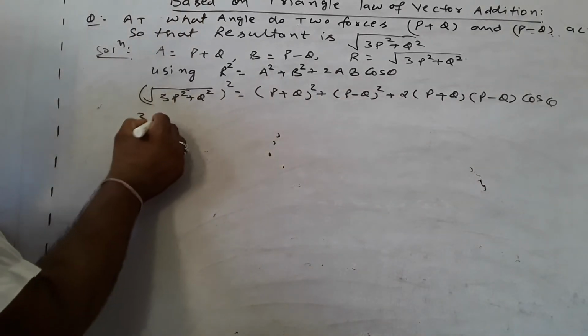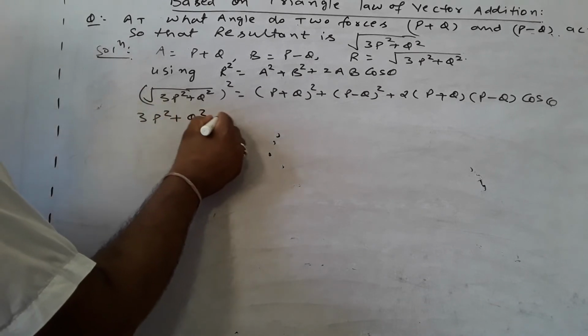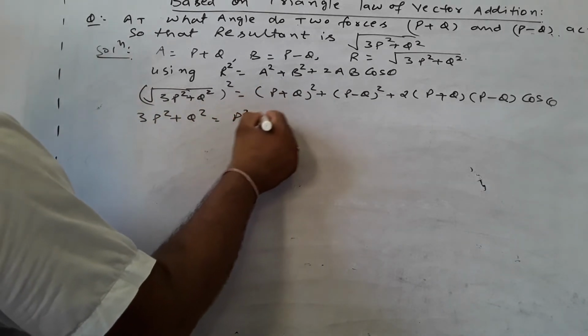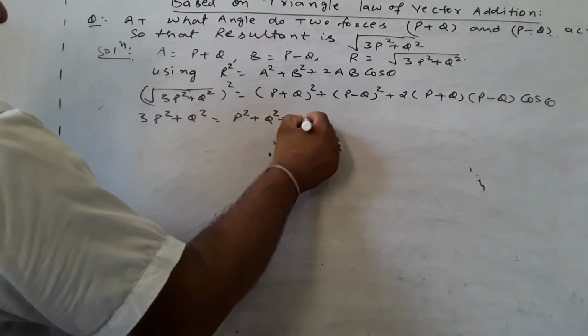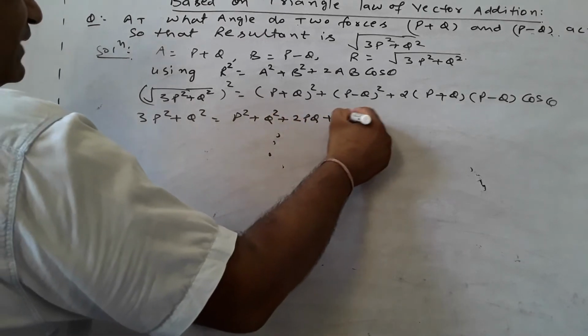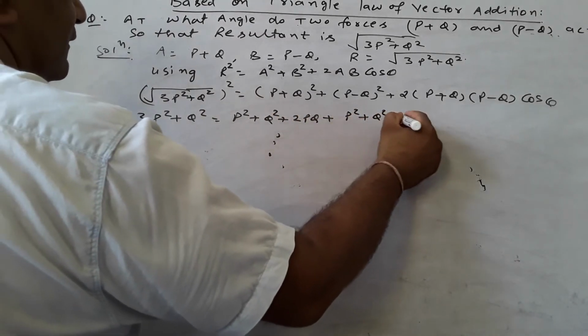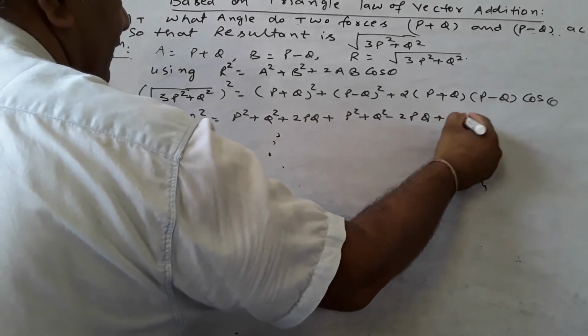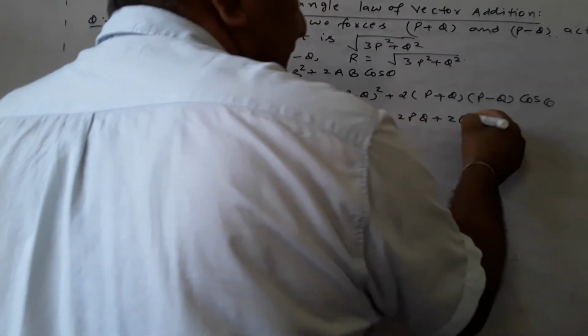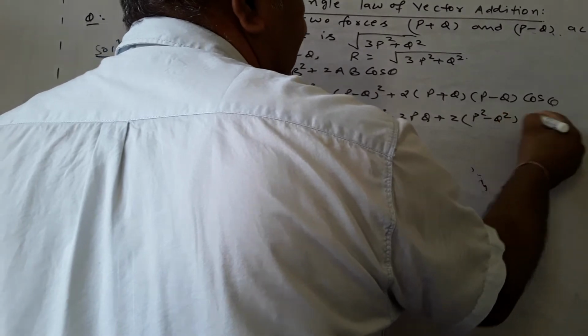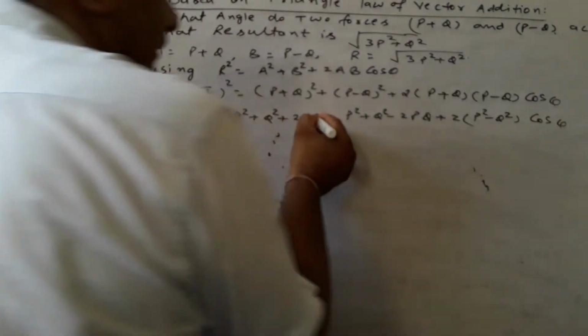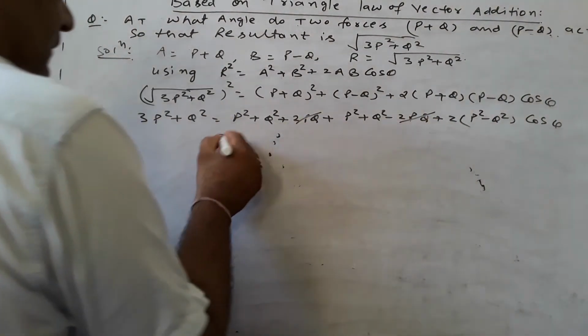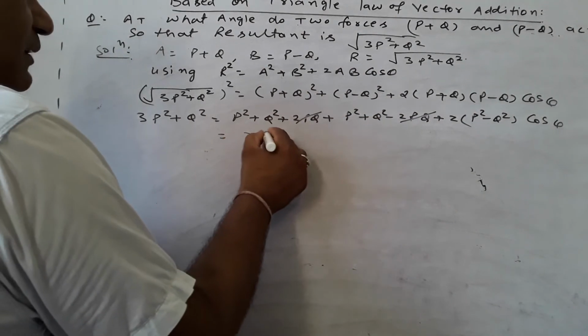Yes, we can solve using (a plus b) whole square and (a minus b) whole square, and a plus b times a minus b. It will be cancelled. P square plus P square, 2P square.